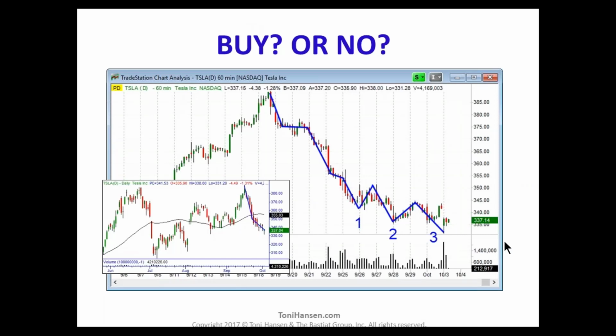We've got Tesla. Would you buy this or would you not buy this? It's not as pretty as that core pattern that I showed you guys earlier. So even though I've taught you guys the basics of how to trade this momentum reversal, there's still a lot more to learn.